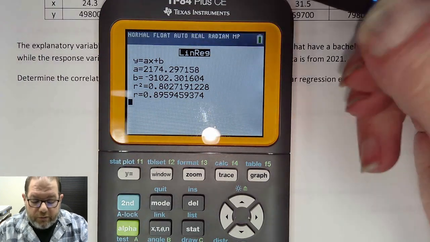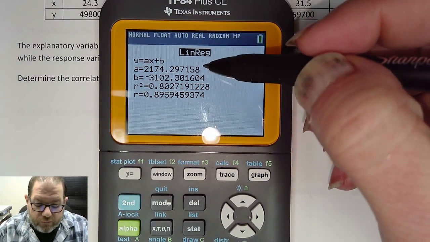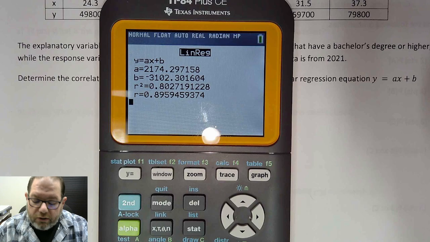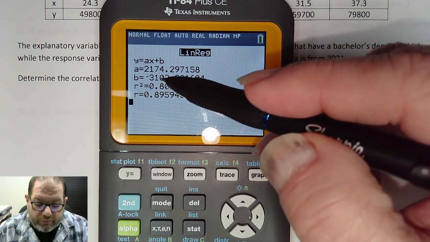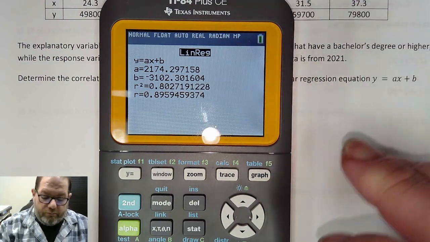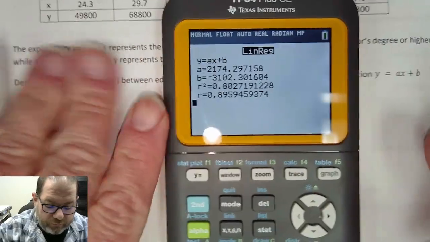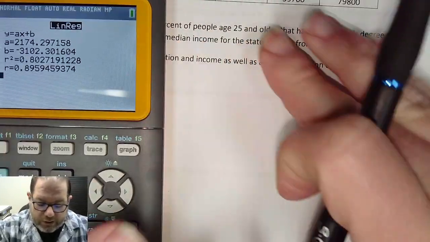It says a is 2174.3, let's call it, and b is negative 3102.3. So, just writing this down underneath.